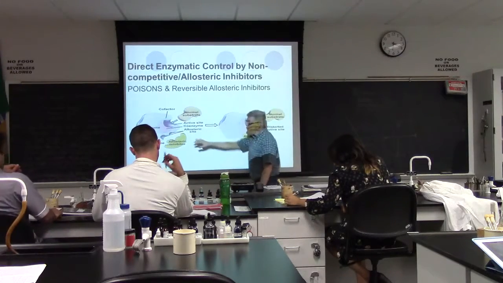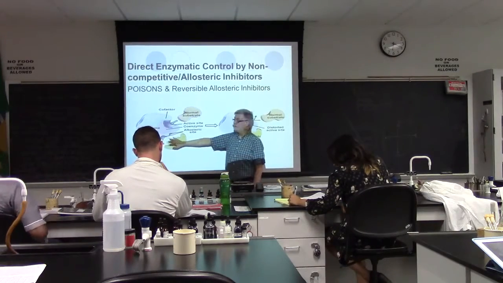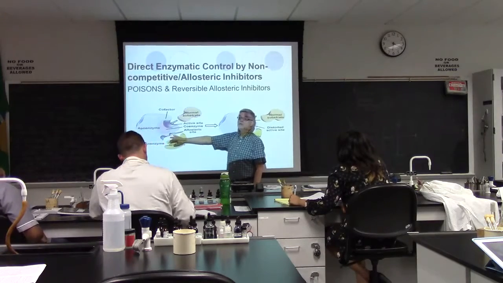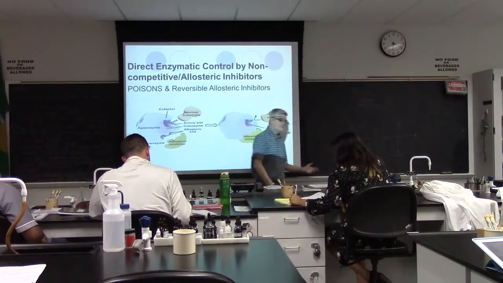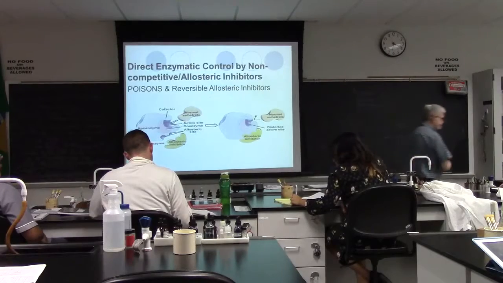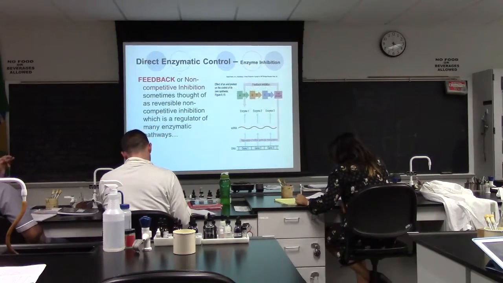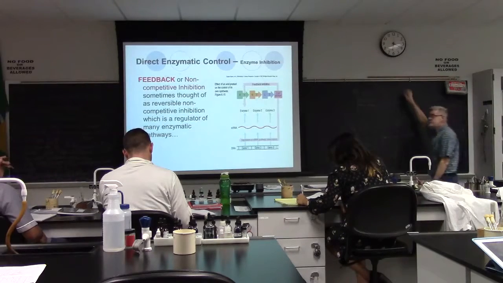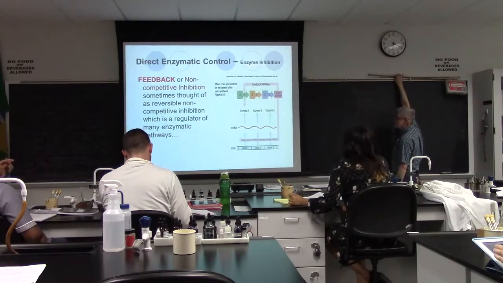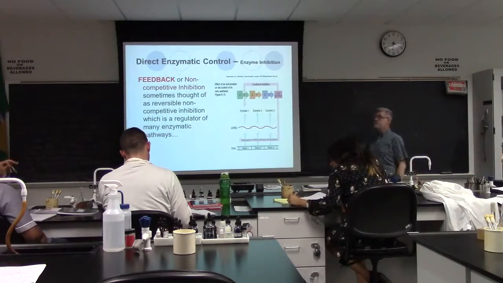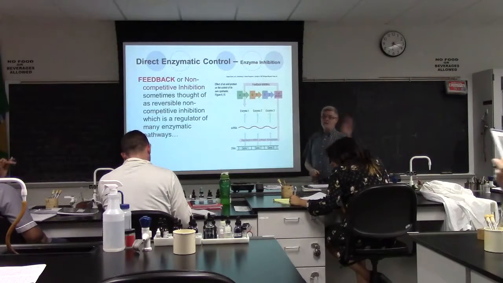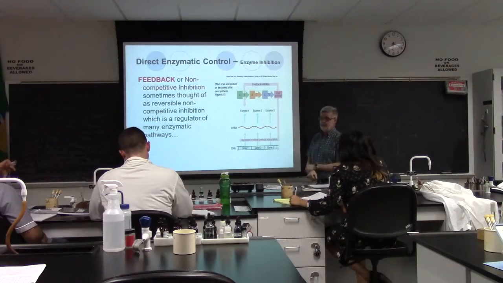Now, the cell uses allosteric inhibitors that are reversible to control enzymatic reactions. And the most famous one being feedback. Feedback is the best of all our direct enzymatic control mechanisms, but all of the indirect are better than any feedback.